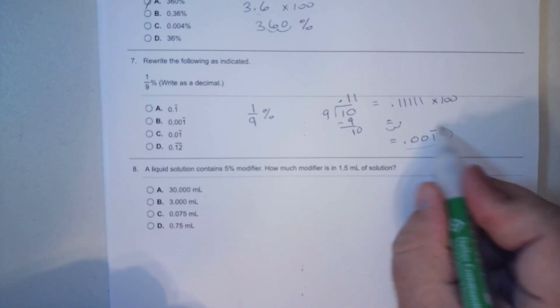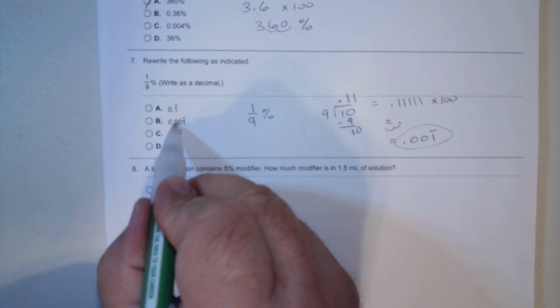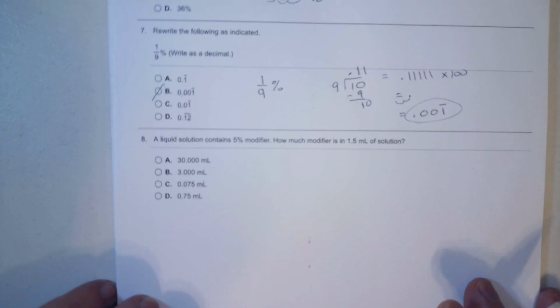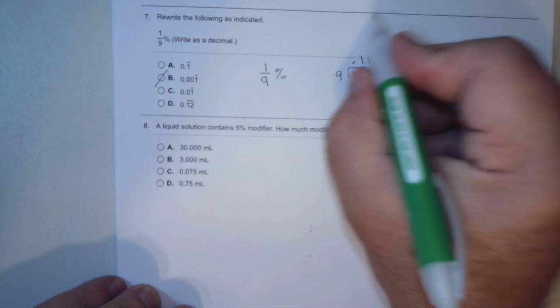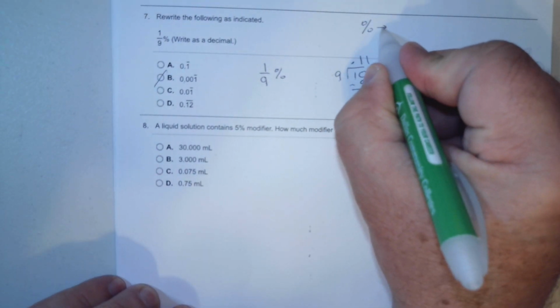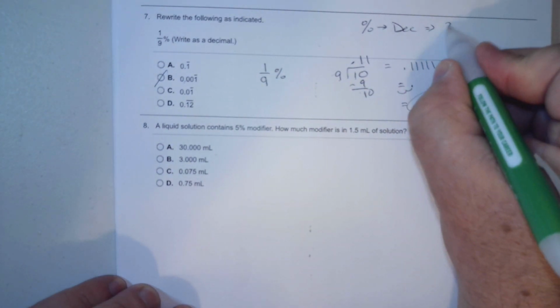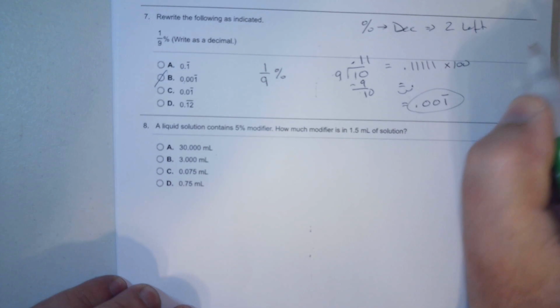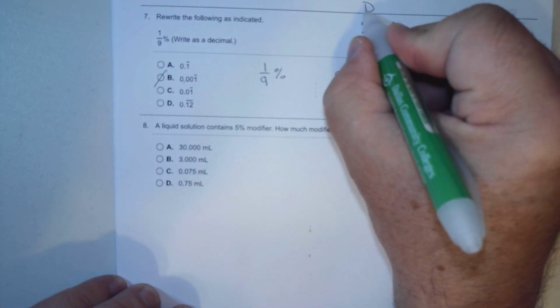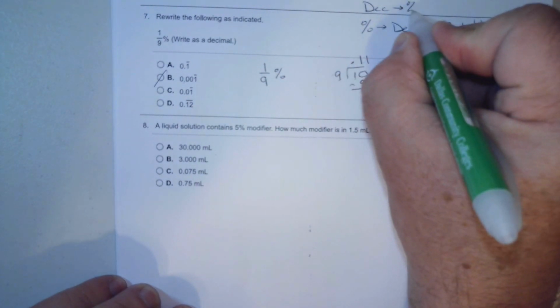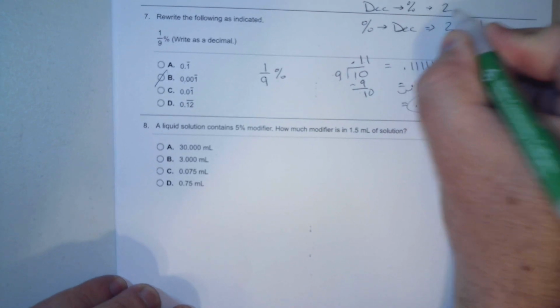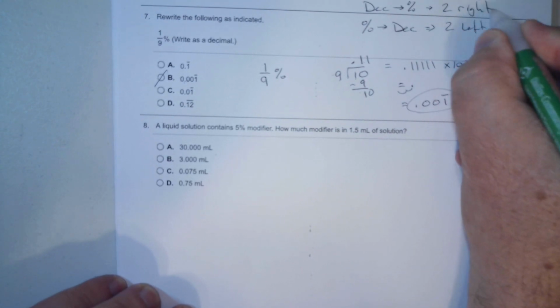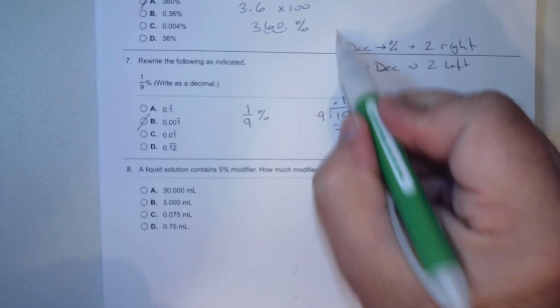So it equals that, which is B. Remember, percent to decimal, 2 to the left. Decimal to percent, 2 to the right. Have that little cheat sheet next to you, and it's always going to help.